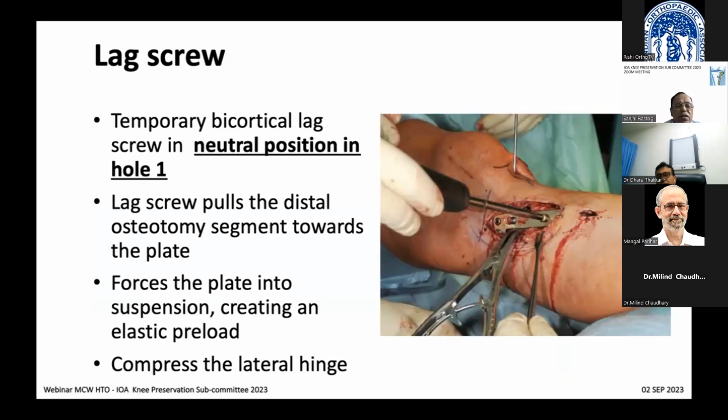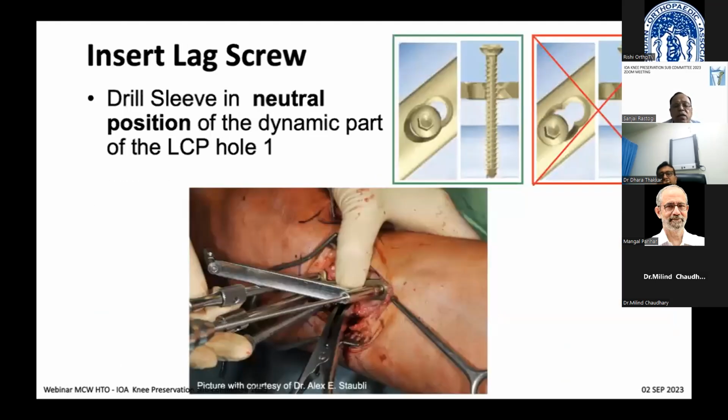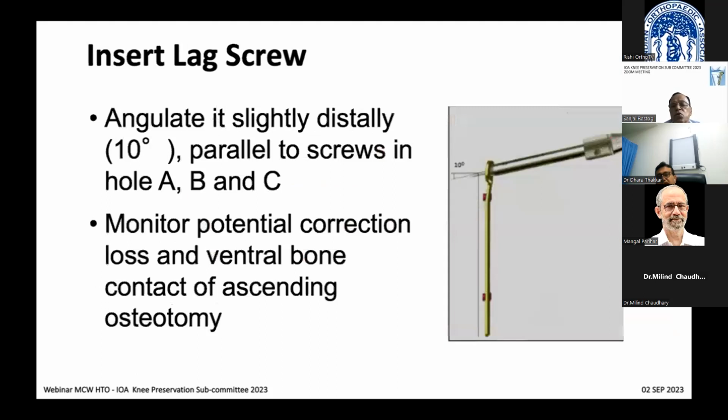This creates a suspension in the plate and creates an elastic preload, compresses the lateral hinge, and brings the distal fragment close to the plate. So we must make sure that we put it in the neutral position, otherwise the osteotomy gap will reduce. And this locking head screw should be passed 10 degrees distally directed.